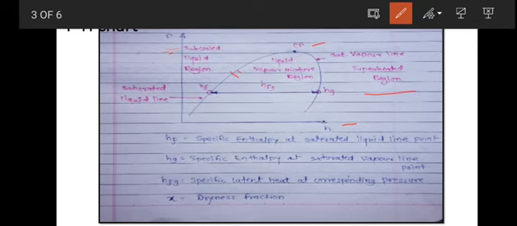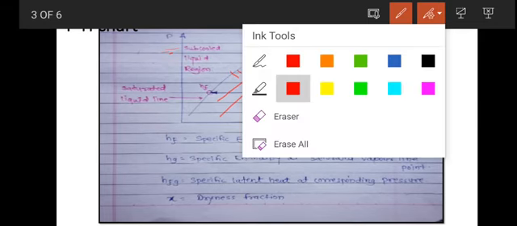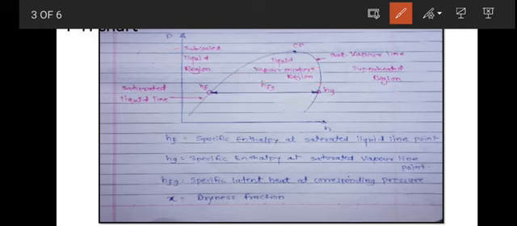Inside the dome, this region is indicated as a liquid-vapor mixture, that means a total mixture of liquid and vapor. Now we need to find out some points.